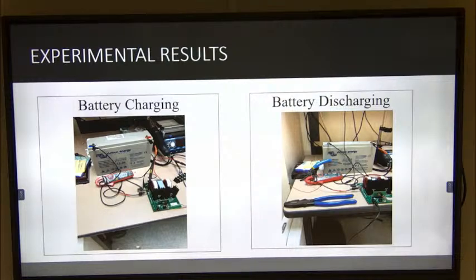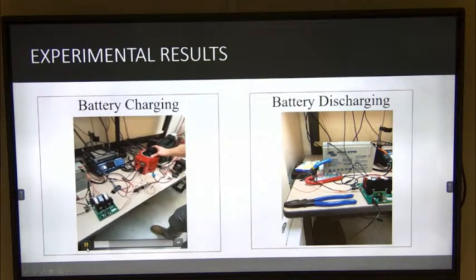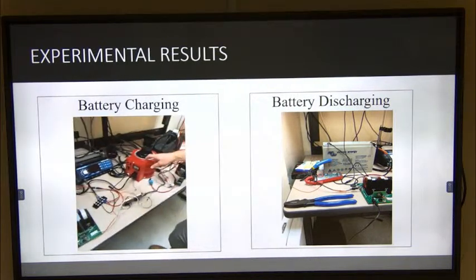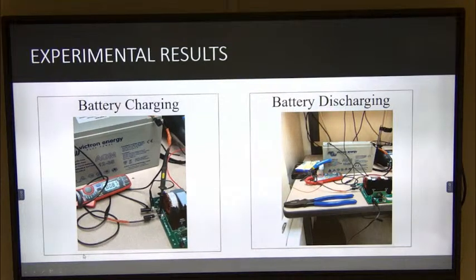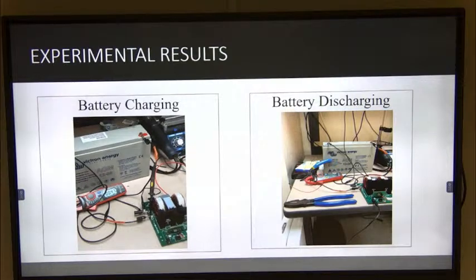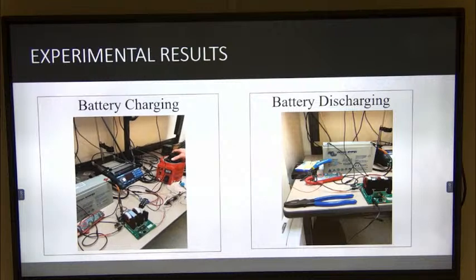And now we have some very short videos where you can see the battery actually charging and discharging. In the first video, the battery is charging, and I don't know if you can see it on this screen, but if you could see the amp meter, you would see a steady number until we start manipulating the variable transformer, and then it's charging at a higher rate.